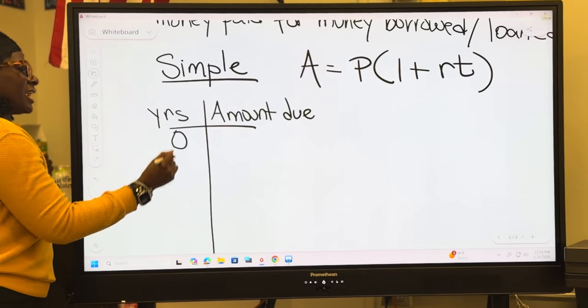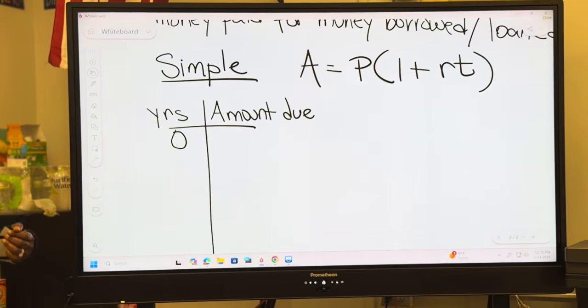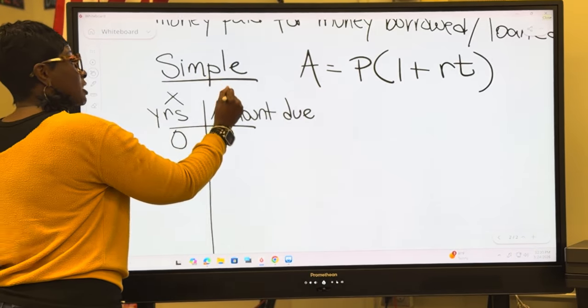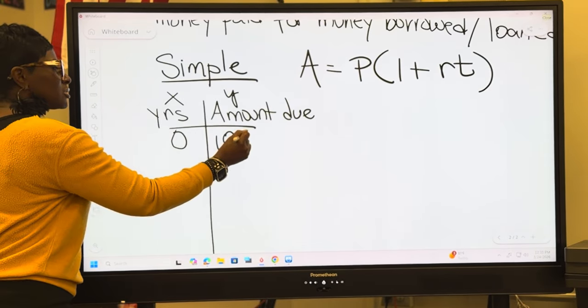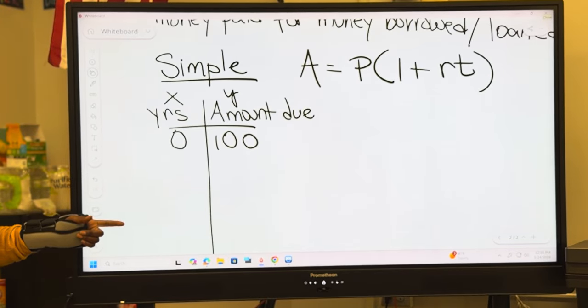So at the beginning, the initial value. How do I know that's an initial value? Because my x is 0. Are y'all with me? It's my starting point. What is my starting point? What is Aiden's starting point? $100. Does that make sense? Yes?